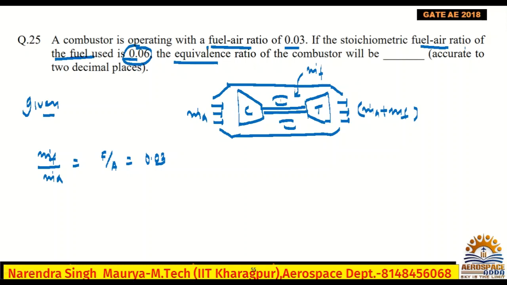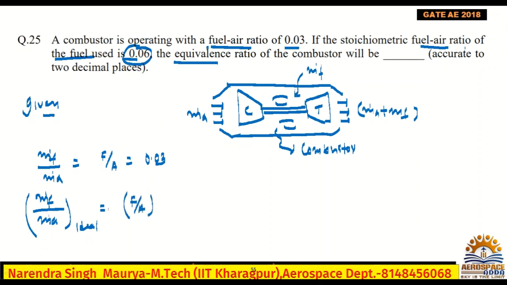This is the combustion system, the combustor or combustion chamber. For the same combustor, we have another fuel to air ratio, but this is the ideal one. I told you what ideal means: proper combustion, where 100% of fuel particles burn.